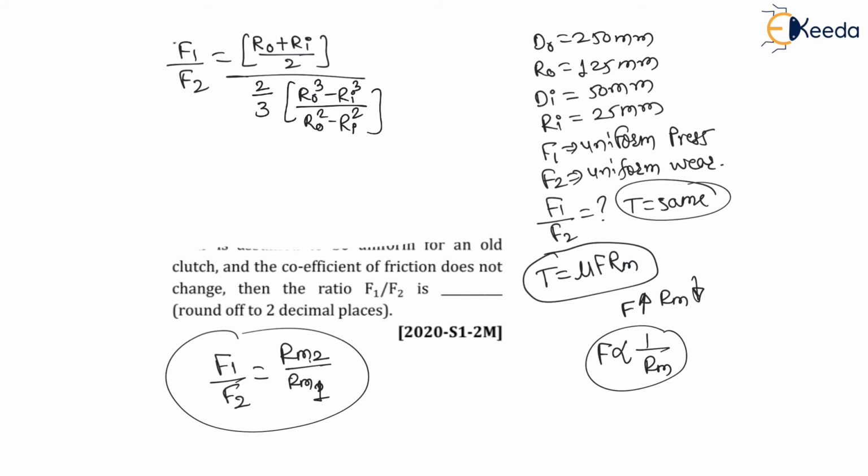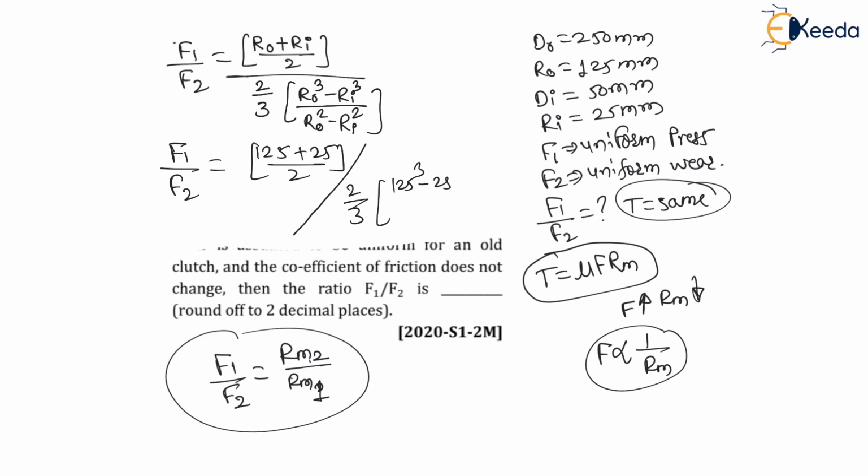This is the mean radius of friction as per uniform pressure theory. Therefore, F1 divided by F2 is equal to (RO is 125 plus Ri is 25, as given) divided by 2, whole divided by 2/3 times (RO is 125 cube minus Ri is 25 cube) divided by (RO is 125 square minus Ri is 25 square).